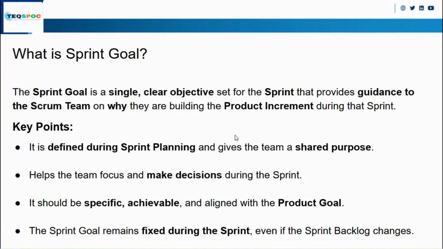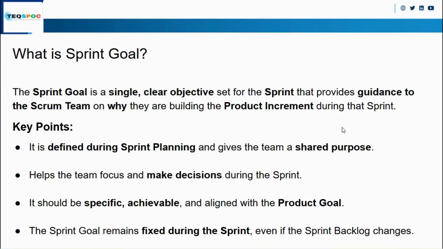Now, in every sprint there will be a sprint goal. Without a sprint goal, there is no sense of creating or starting the sprint. So what is the sprint goal? A sprint goal is a single, clear objective set for the sprint that provides guidance to the Scrum team on why they are building the product increment during the sprint.